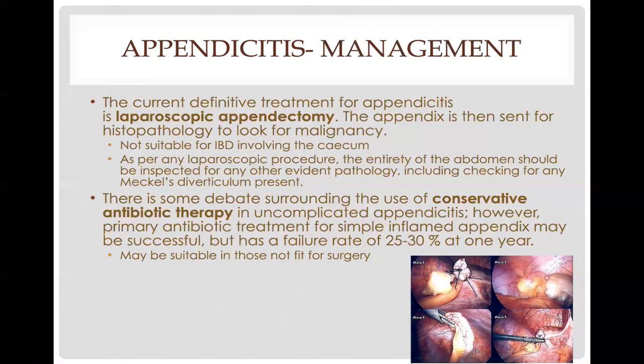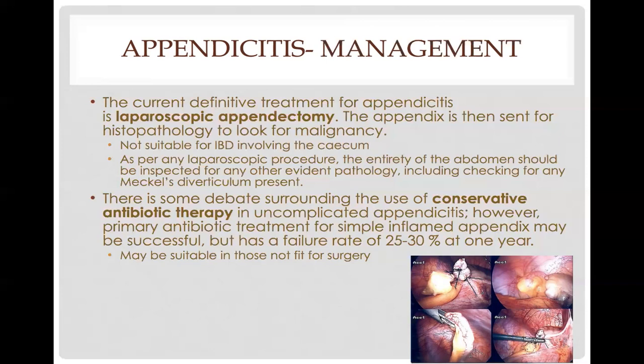And in females, we'd also check for any kind of ovarian pathology whilst we're present as well, checking the fallopian tubes, making sure there's nothing else going on in terms of that. Now, there's been some debate surrounding the use of conservative antibiotic therapy, especially in uncomplicated appendicitis.